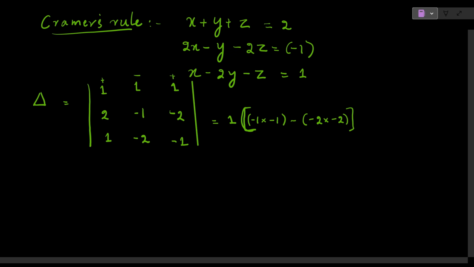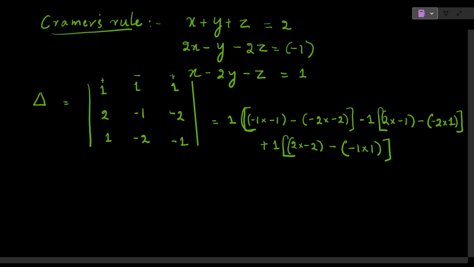So next one is minus 1 into 2 into minus 1, minus of minus 2 into 1. Third one is plus 1 into 2 into minus 2, minus 1 into 1. Okay, students.